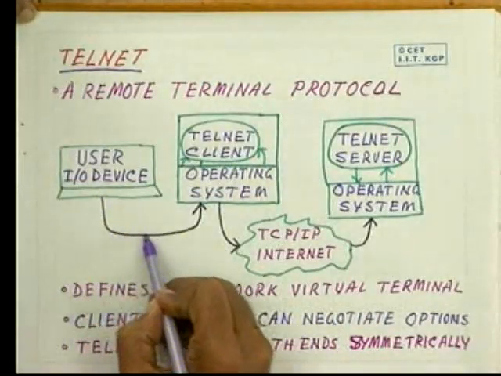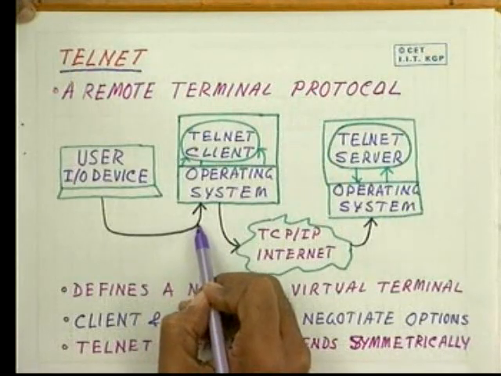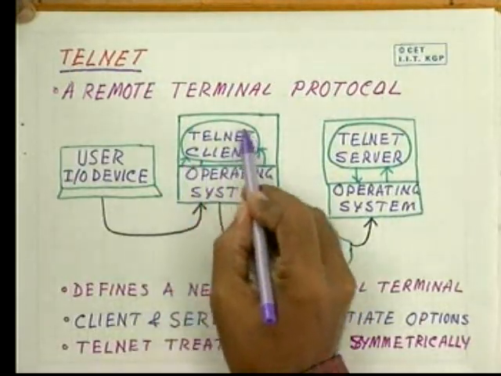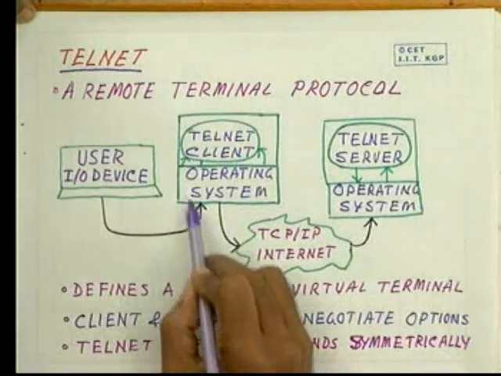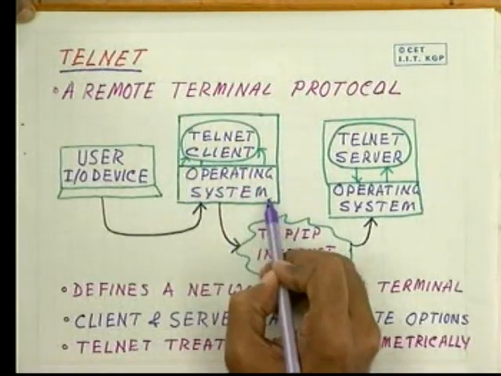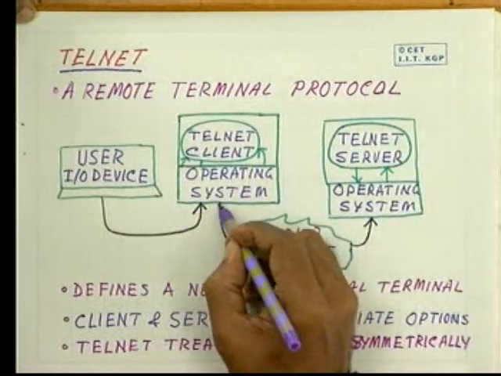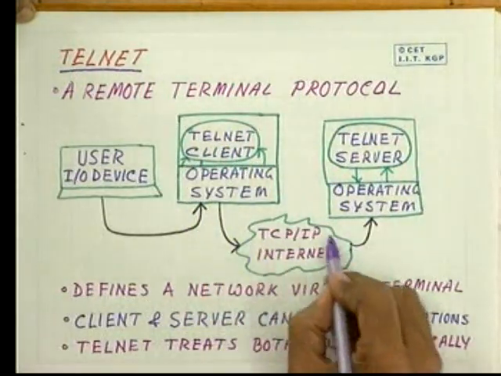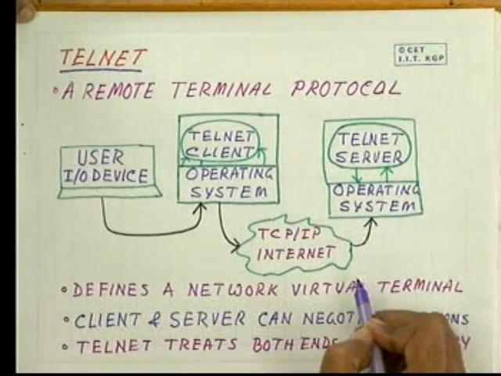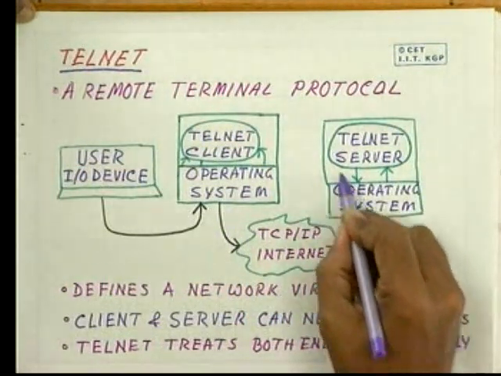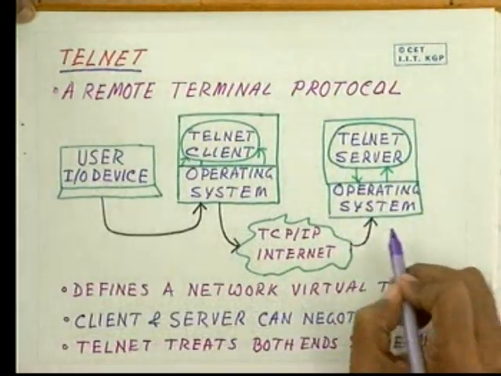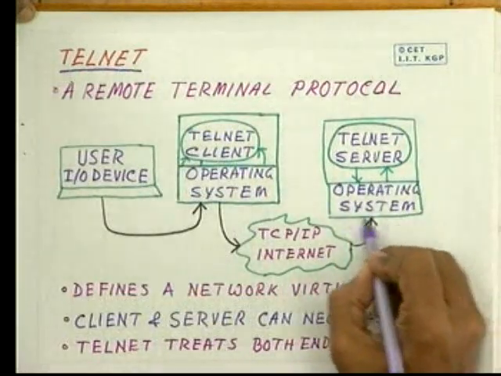The user IO device first uses this telnet client, and obviously it has got some operating system, and that telnet client sets up a link through this TCP/IP internet and connects it to the telnet server, and telnet server has its operating system.